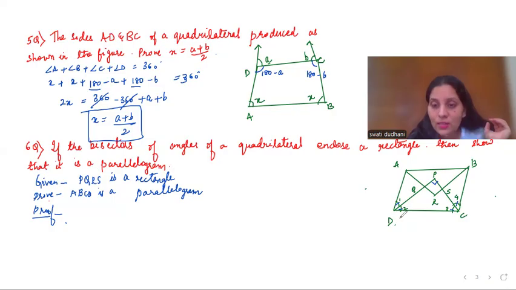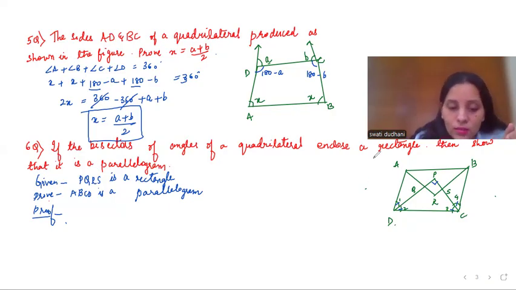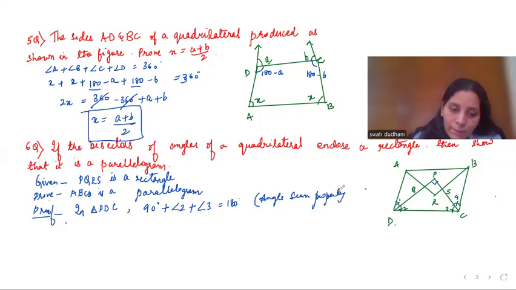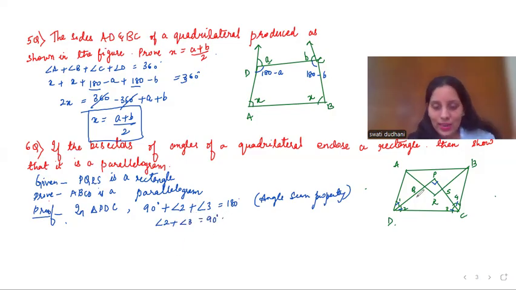Now, if I consider triangle PDC, 90 degrees plus angle 2 plus angle 3 is equal to 180 because of the angle sum property, correct? All right. Now, from this I can write 2 plus 3 is equal to 90 degrees, right? 2 plus 3 is 90.